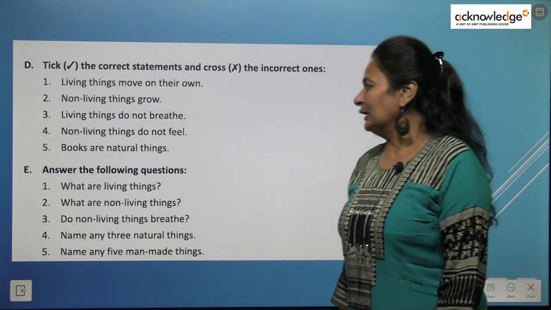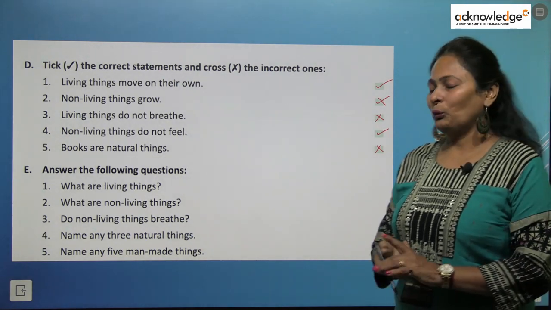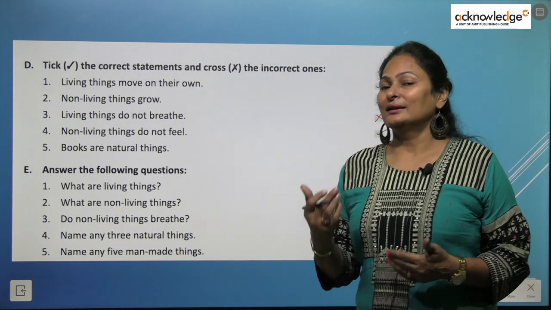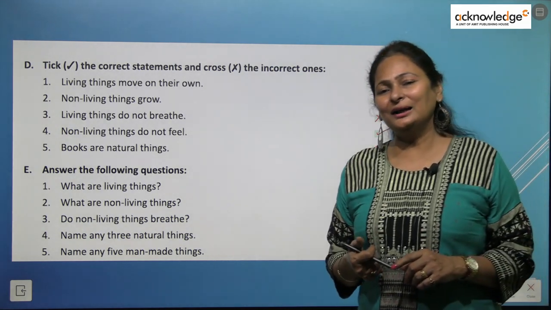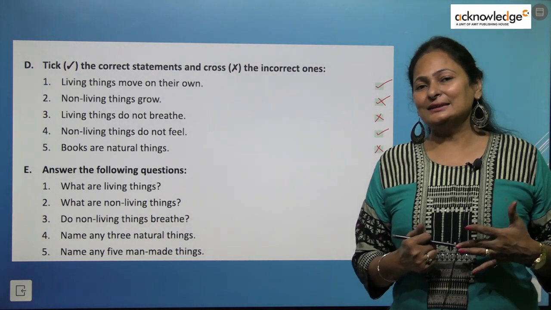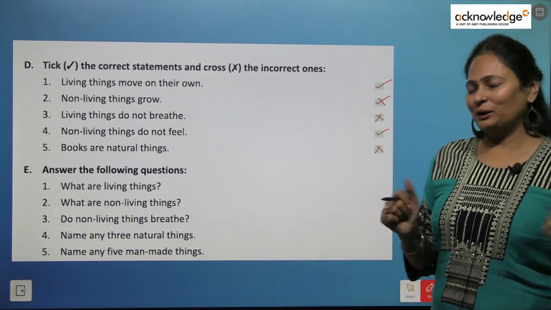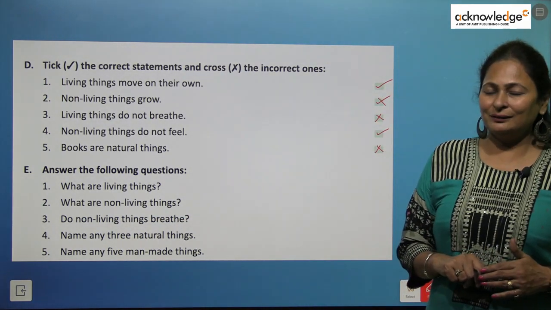So question number E. Answer the following questions. What are living things? The things that have life are called living things. What are non-living things? Things that do not have life are called non-living things. Do non-living things breathe?